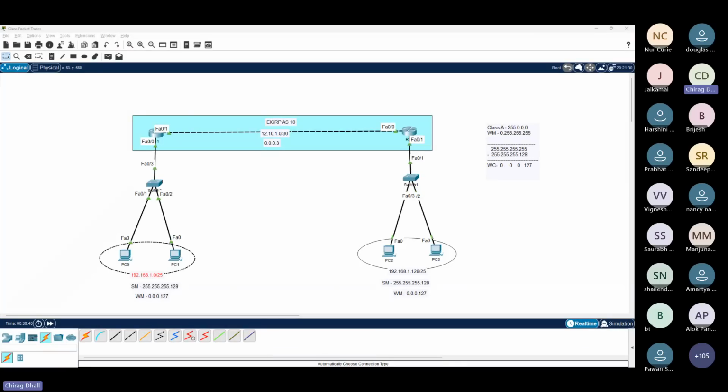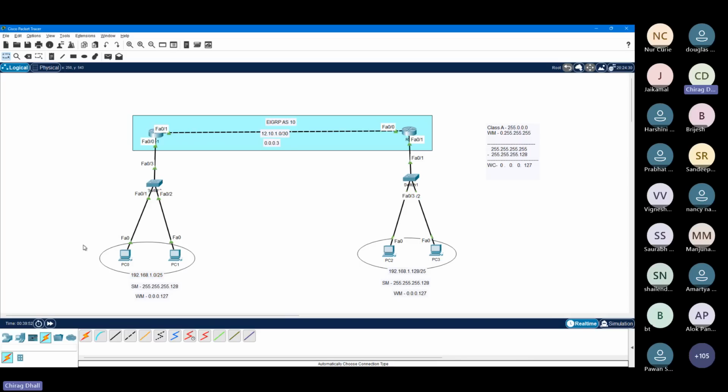The previous IOS versions used to automatically summarize the routes. Summarizing means that, for example, in this case, I have 1.0/25 and then 1.128/25.